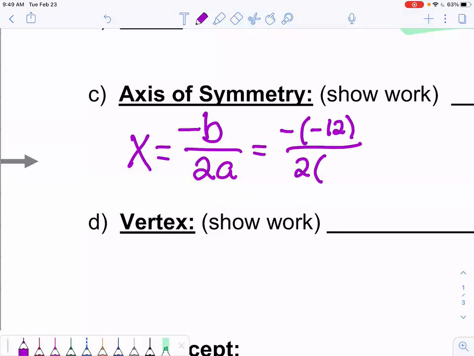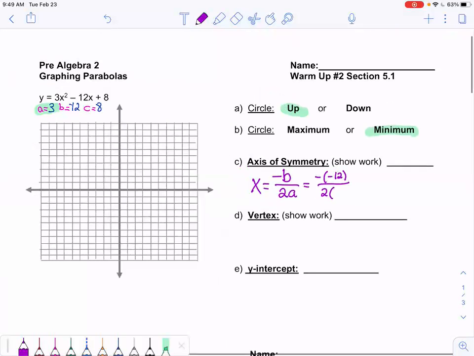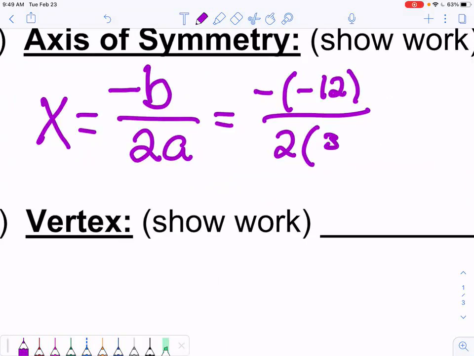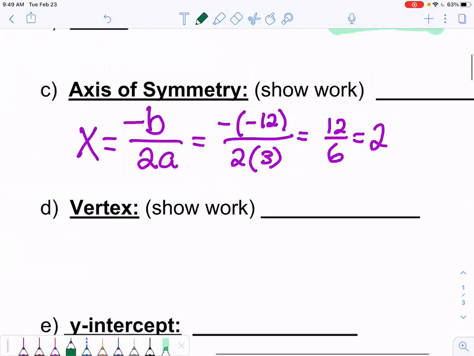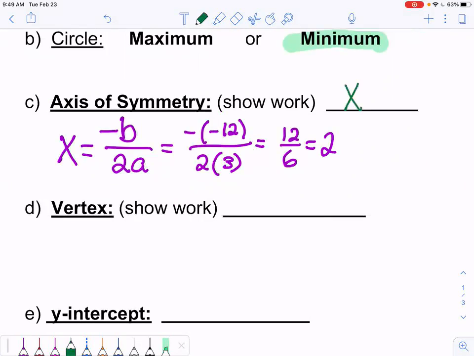And then our a is 3. Negative times negative gives us a positive. 2 times 3 is? Divide by 6? 2, good. So when we look here, we have our first piece, the axis of symmetry, x equals 2. So it's just a little review.